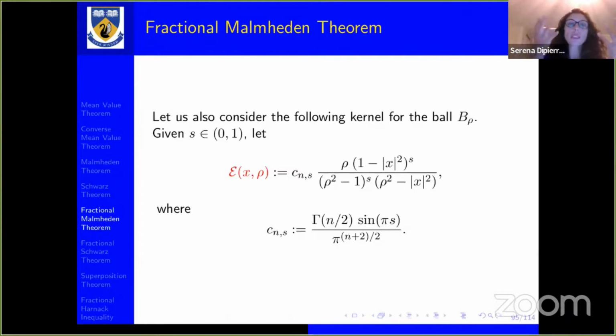Because essentially the idea, if you remember when we were talking about the classical Malmheden theorem, the idea of Malmheden was that he knew that the function could be written in terms of the Poisson kernel. So going back with the computation that we did, from the Poisson kernel, one can arrive at the geometric expression that we have. So here we'll be playing the same game.